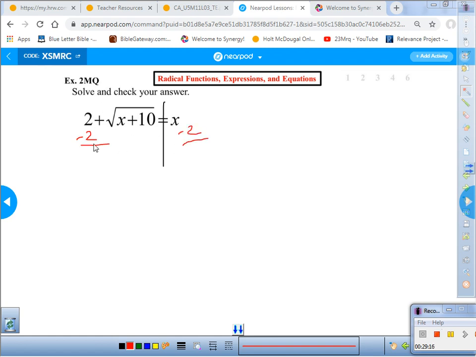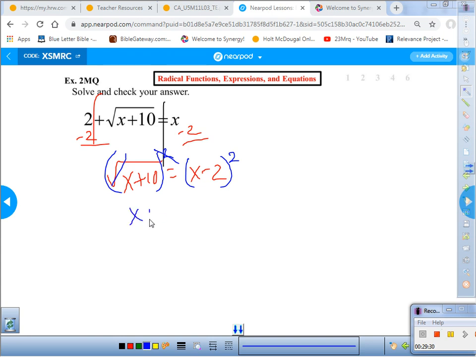We end up with the square root of x plus 10 equals x minus 2. And then, how do we get rid of this radical? To the second power, to the second power. This cancels that, so I'm left with x plus 10 equals this squared. That becomes x squared minus 4x plus 4.